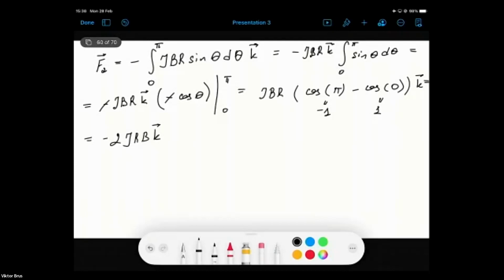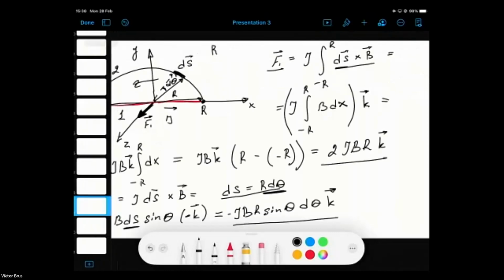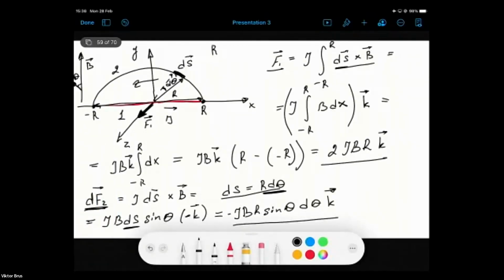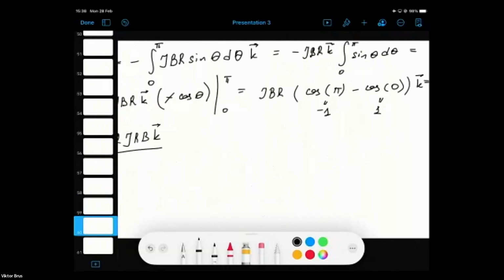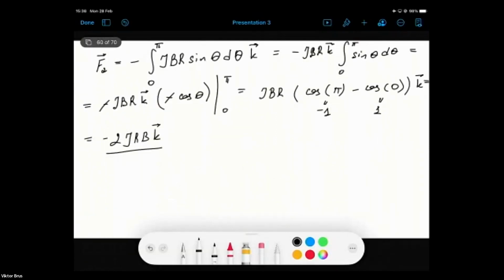So as you see, the direction is different because we had plus previously for f1. Now we have minus k unit vector. However, if we check for magnitude, we have 2 times I b r, and the same is here, 2 times I r b, doesn't matter.